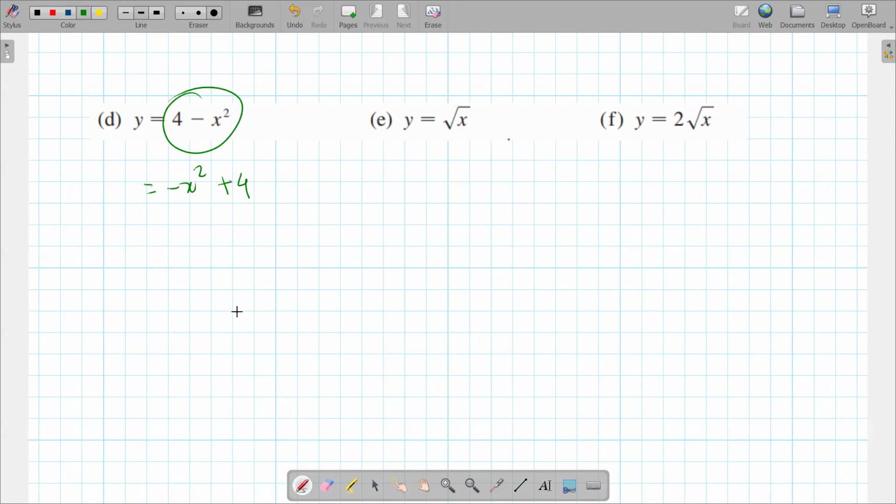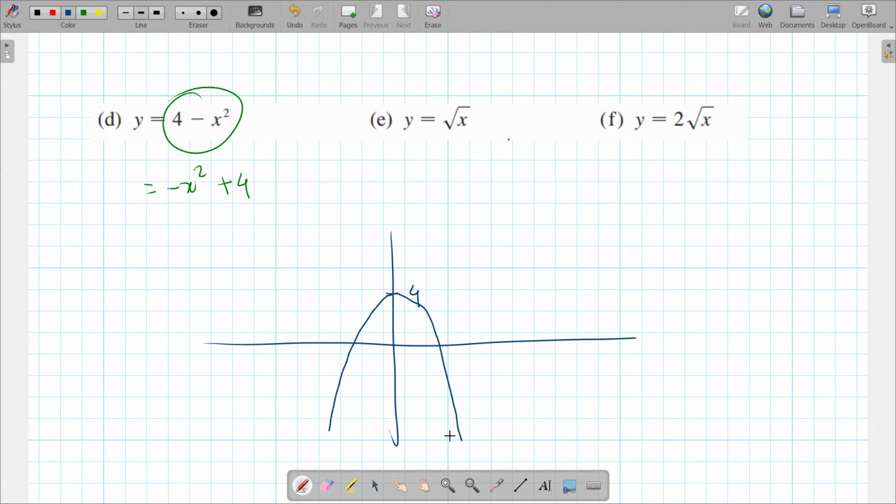First of all, negative x squared is going to open up or down? Down. The plus 4 is your y-intercept. This is your curve, right? That's it. Easy peasy.